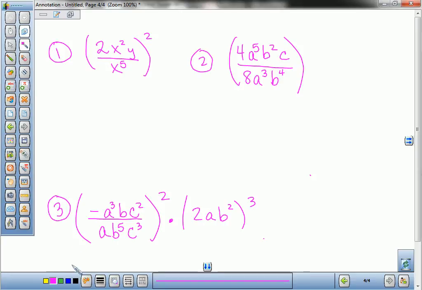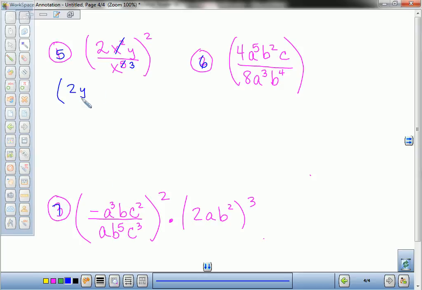So number 1, which could be number 5 if you were numbering the other way. Did y'all number it that way? All right, so 1 or 5, it doesn't matter. All right, so on this one, we would say these two cancel with 2 of those and leave us 3. So this is what we have left to square. So we have a 2 and a y over an x cubed that gets squared.